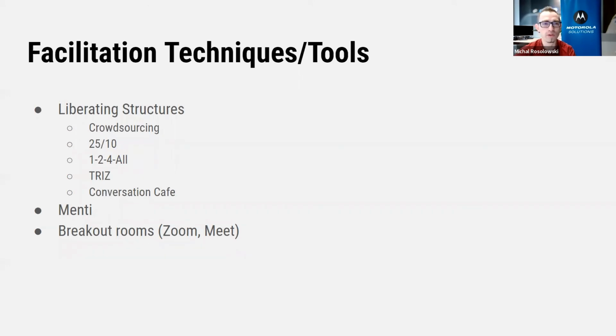They may be extremely useful for controlling your retrospective at scale. Same about Menti, that is interactive presentations and polls, and same about using breakout rooms, but that's pretty obvious.